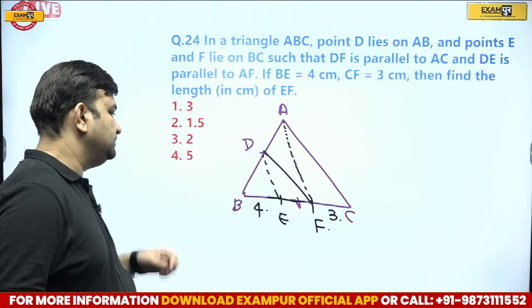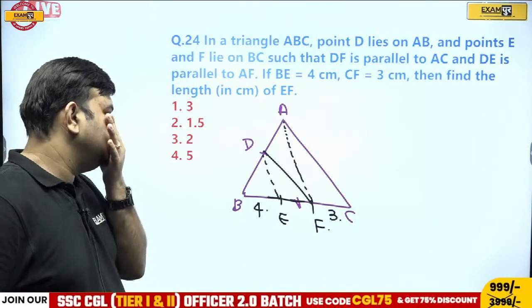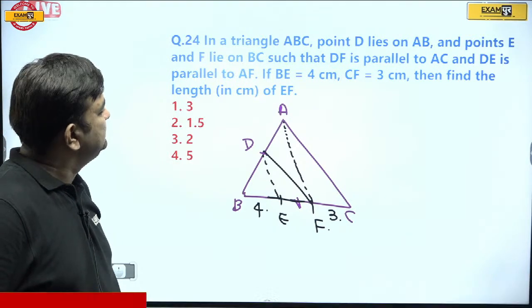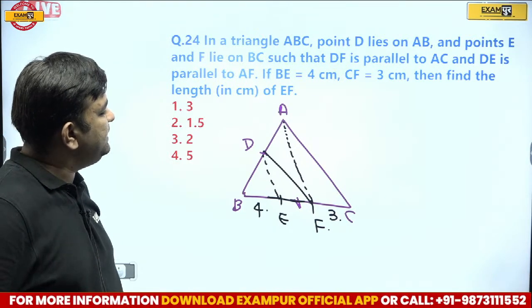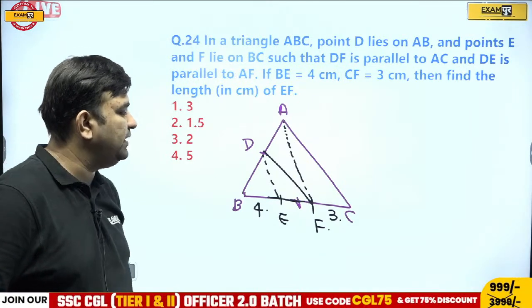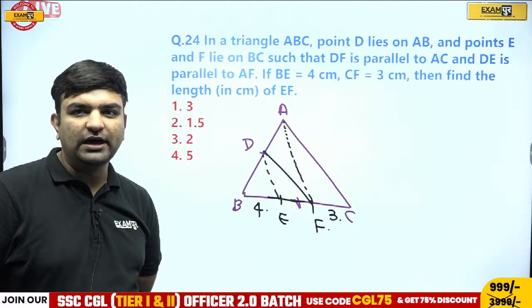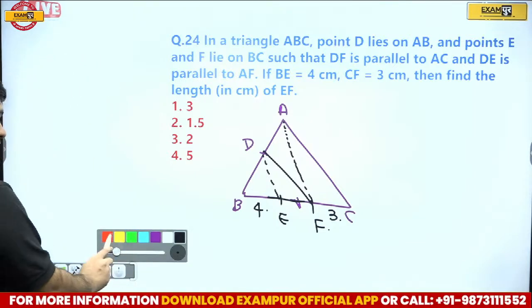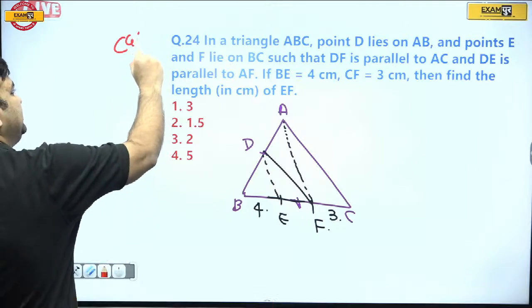BE is 4, CF is 3. What is the value of EF? Have you gone with the options? Let me see it once. I think this is CGL 2020.